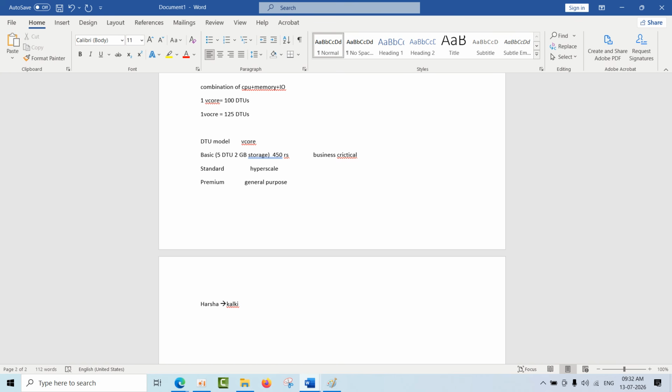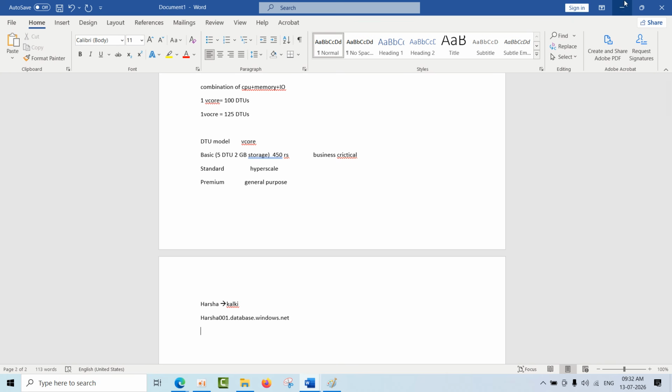For understanding purposes I am calling it a surname, but actually we have to call it a prefix. It is followed by database.windows.net, and this is common, we cannot change it. Whatever name you mention depends on availability. Harsha 001. Once you name it, this becomes your SQL server.